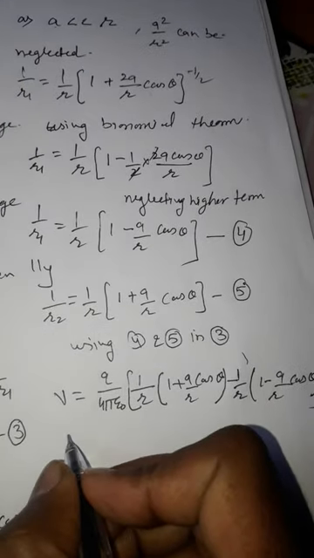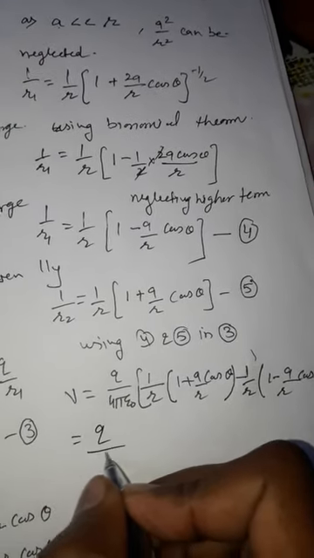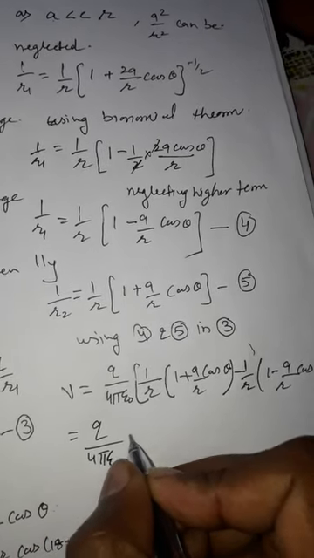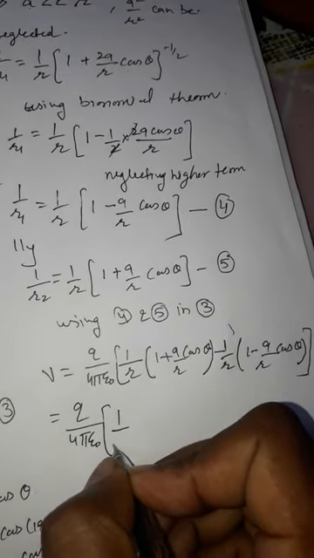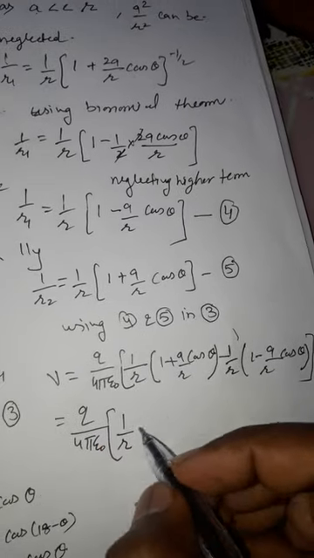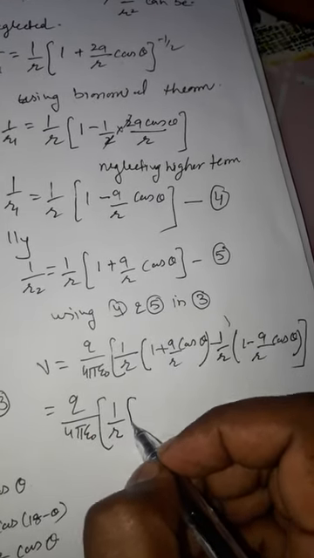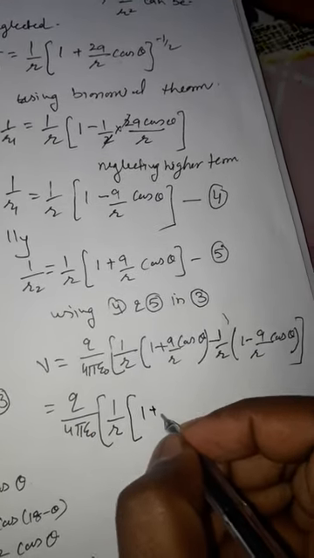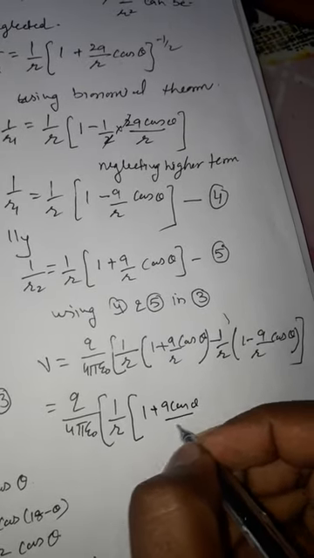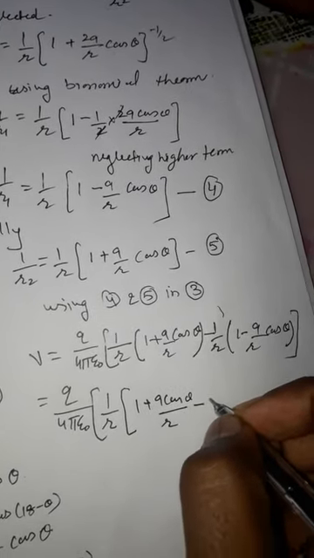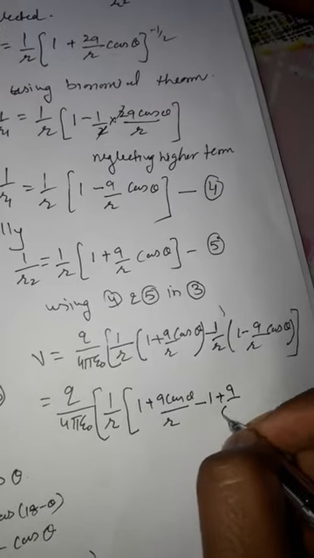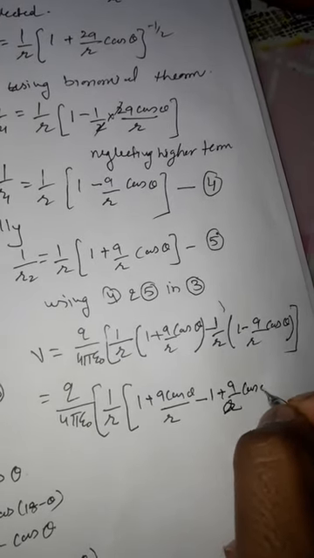Now that becomes q upon 4 pi epsilon naught, taking 1 by r common, we remain with 1 plus a cos theta upon r minus 1 minus a cos theta upon r.